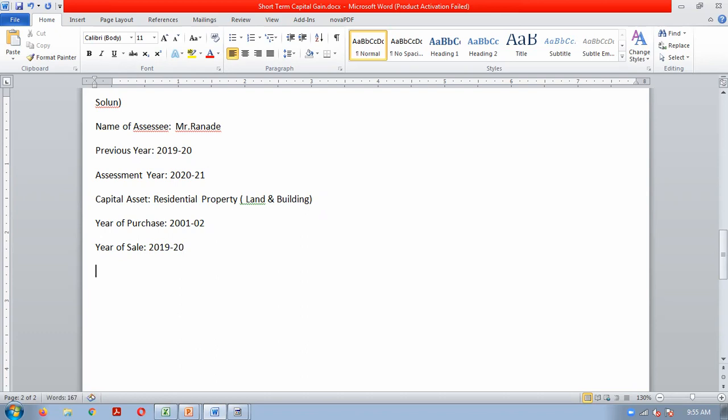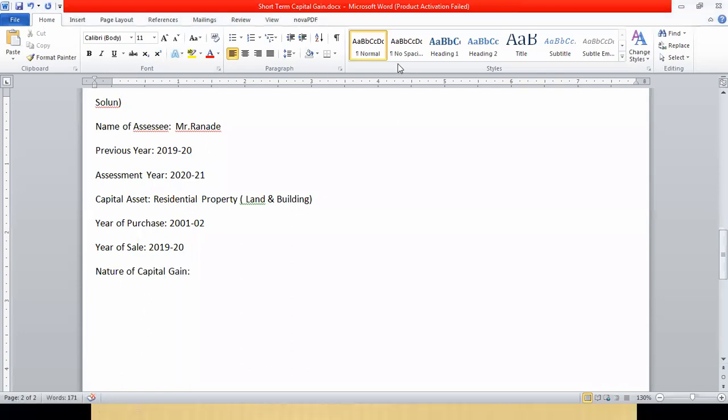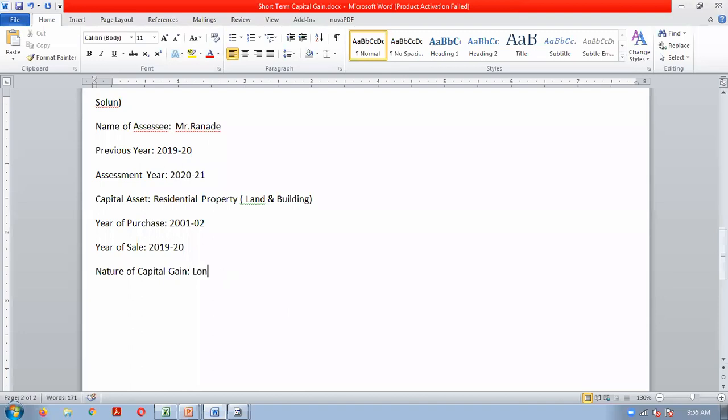So nature of capital gain will be long term or short term. Yes, very correct. It is long term only because the period of holding will obviously be more than 24 months.